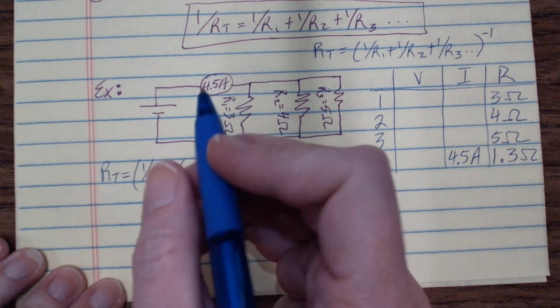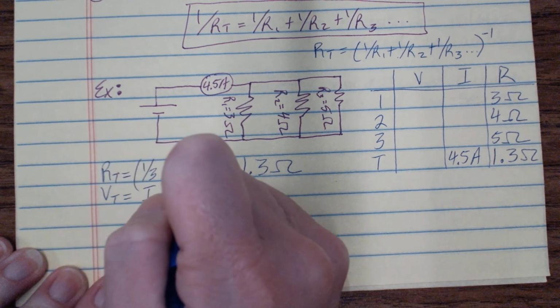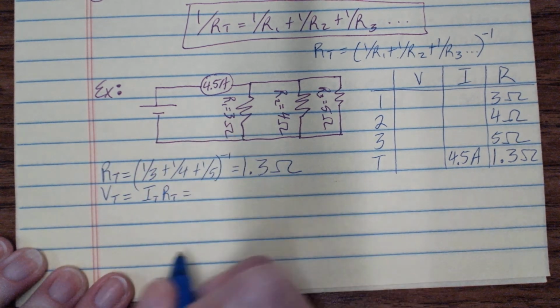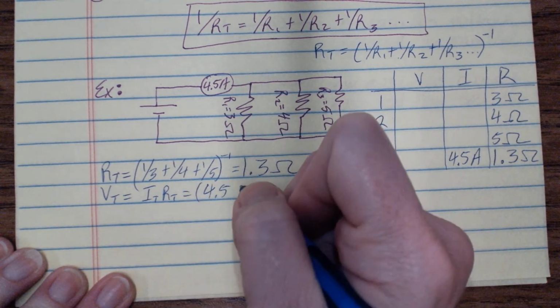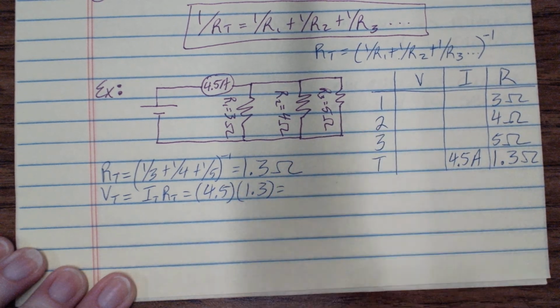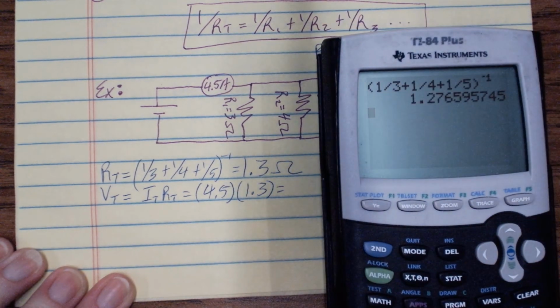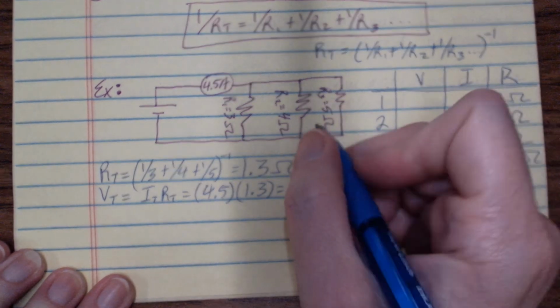So next, I would probably find the total voltage. So my V total equals I total times R total, Ohm's law. So my I is 4.5, my R is 1.3, so about 5.9 volts.